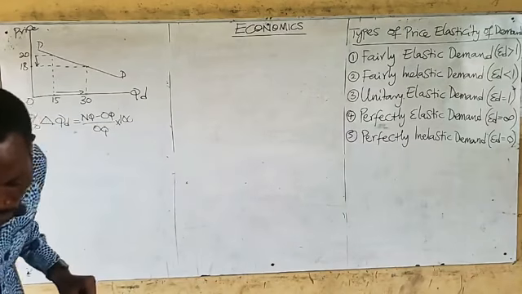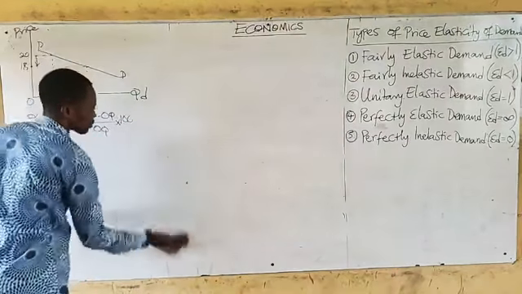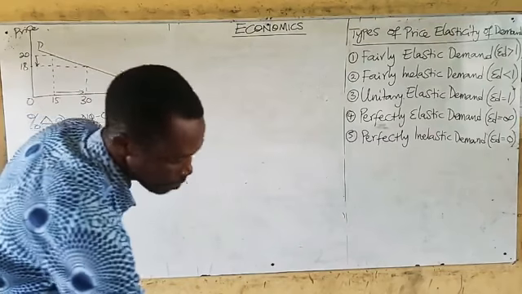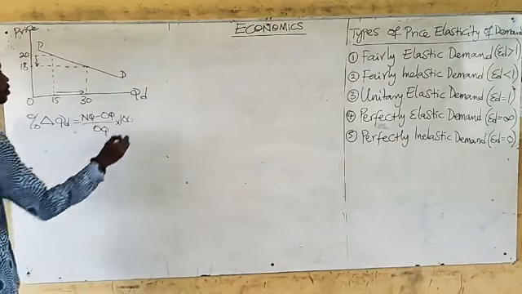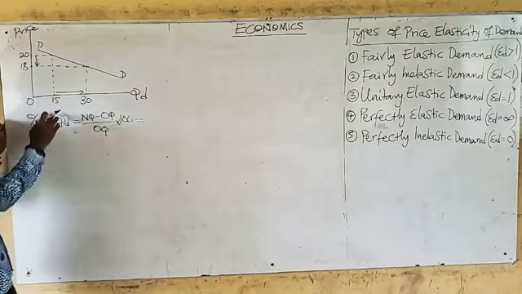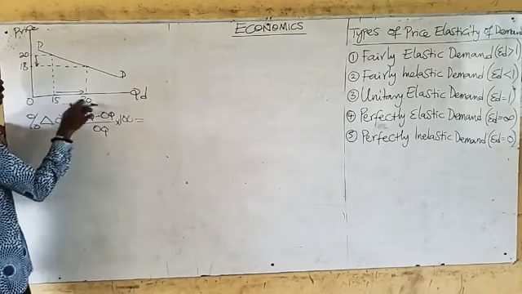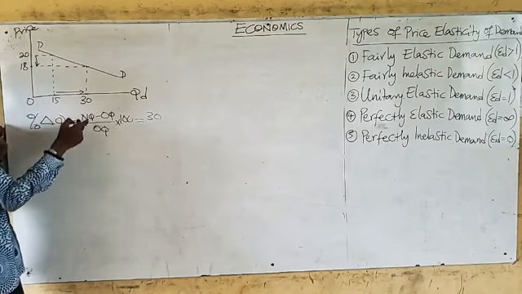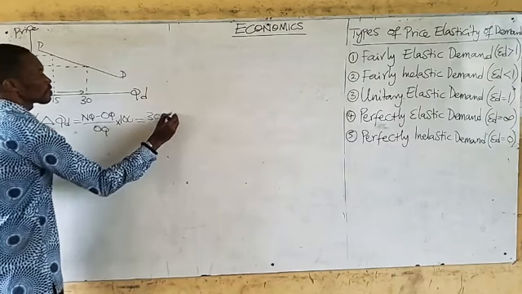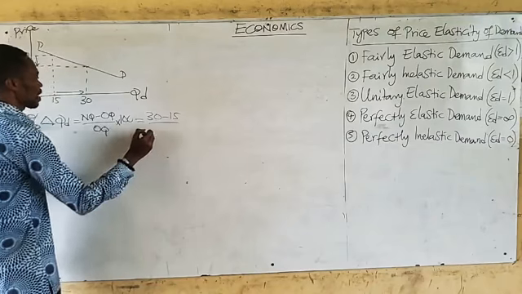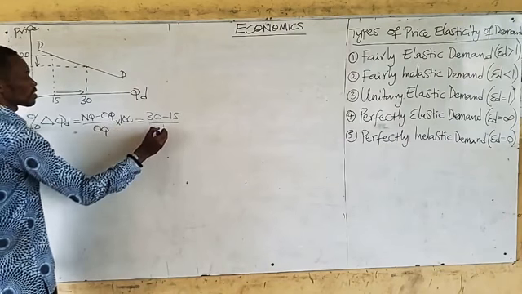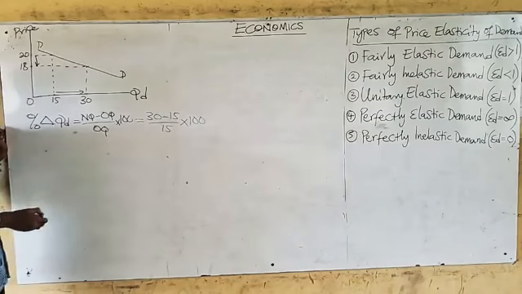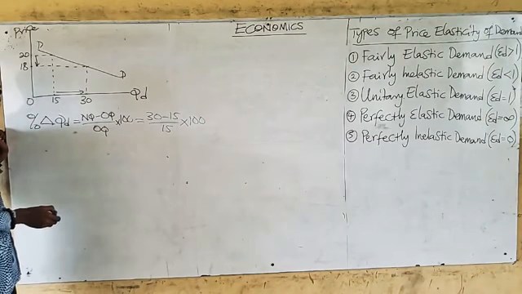Let me use the board well. Alright. So this is the same as, I'm going to repeat this one here. 30 is the new quantity minus the old quantity, 15, divided by the old quantity, 15, times 100. That is the percentage change in quantity we are trying to calculate.